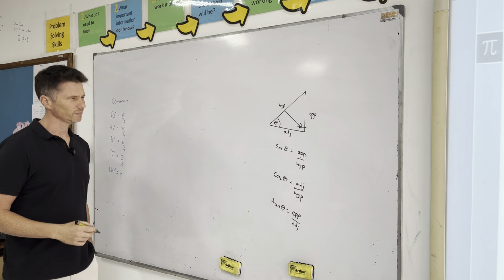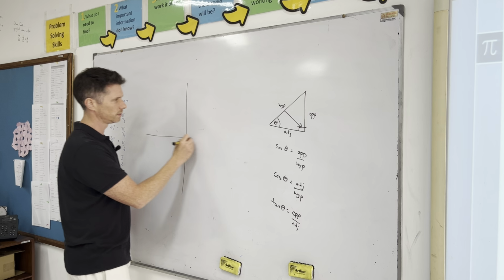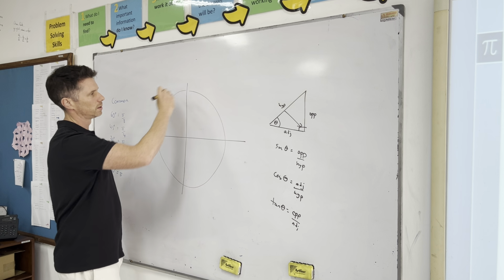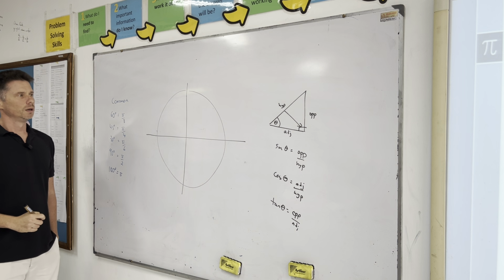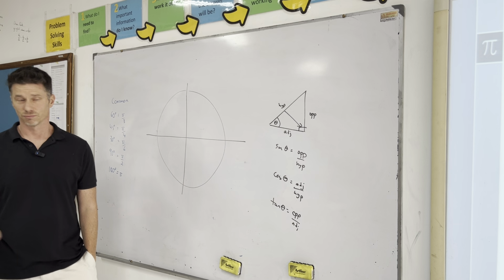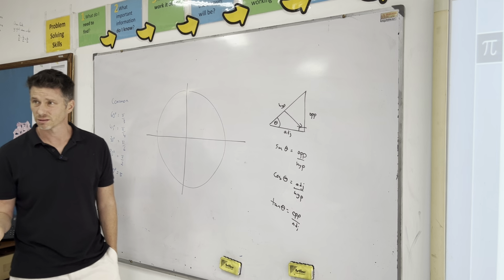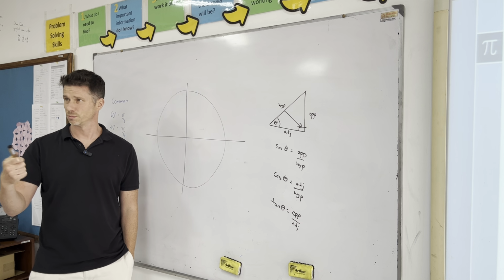And then you may have come across the unit circle. You should have. Right, the unit circle is based off a circle. Where does the unit come from? What does the unit bit mean? Unit usually means 1.